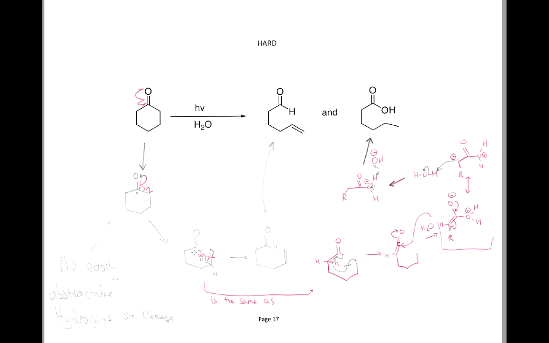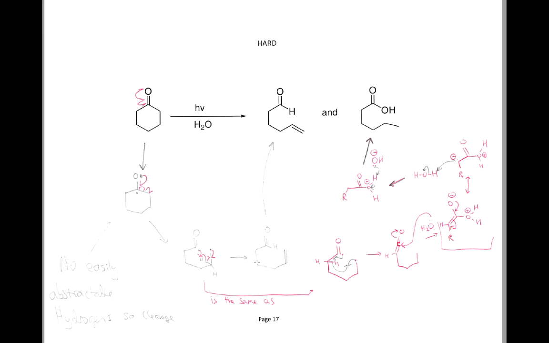So when we look at this diradical intermediate and this first product, you'll see that we have our aldehyde. We can get to an aldehyde by hydrogen abstraction. The question is which hydrogen is going to get abstracted.